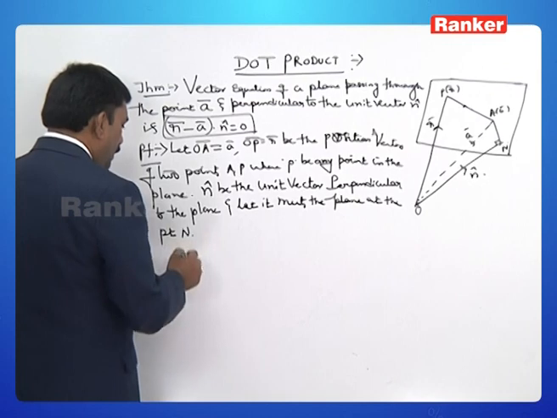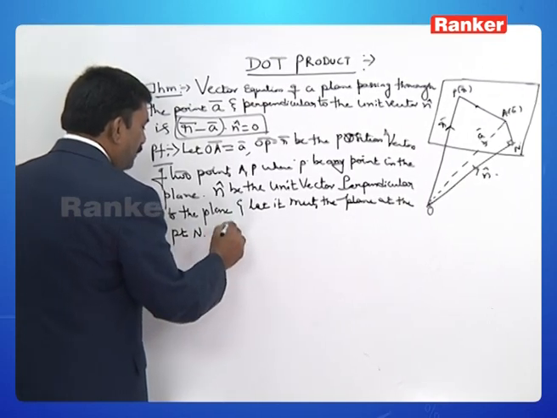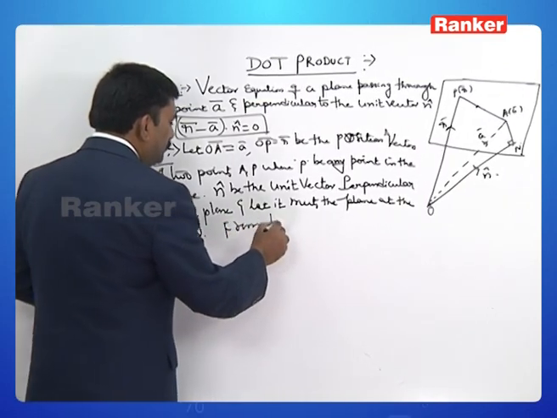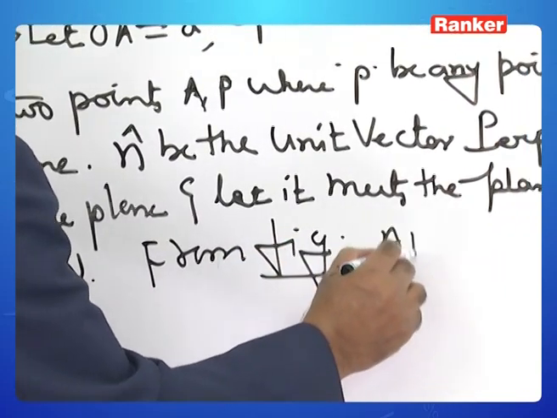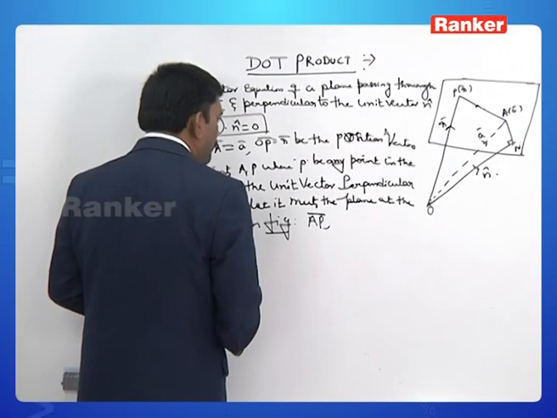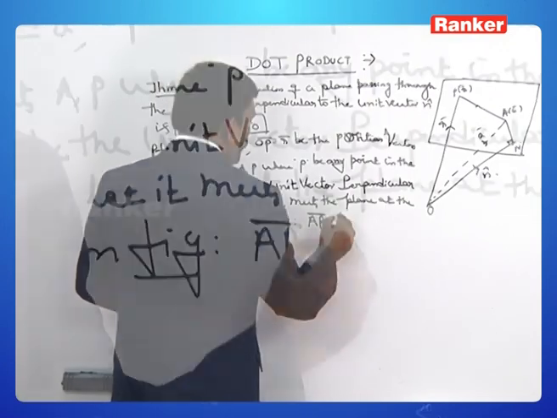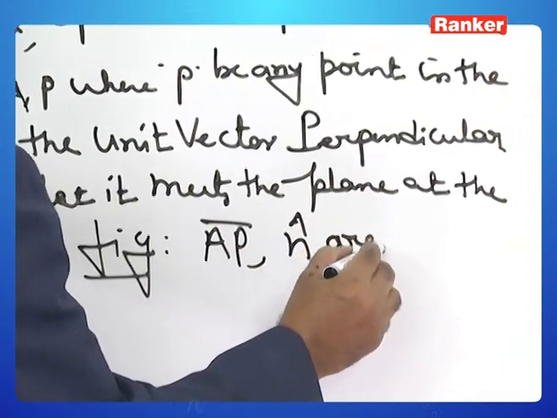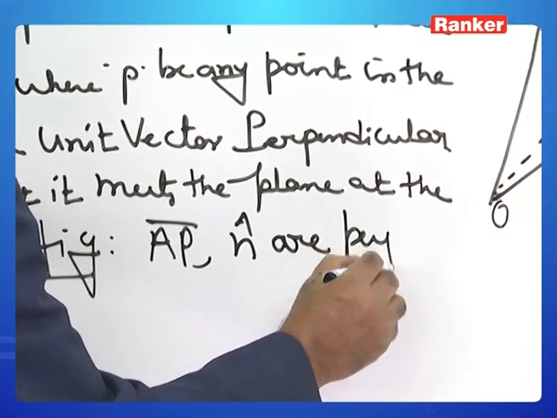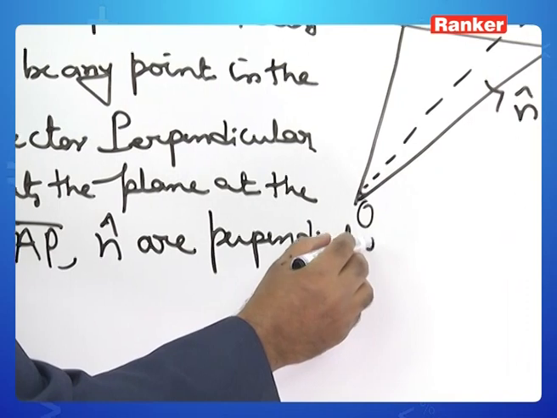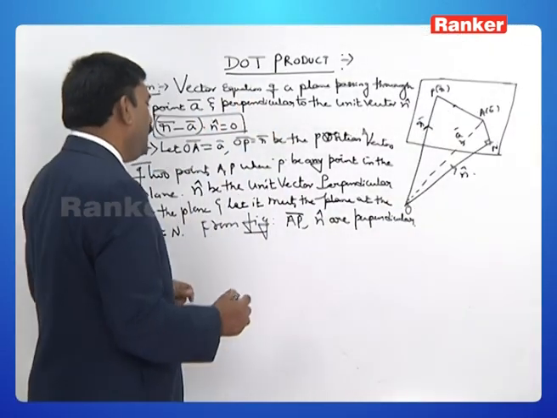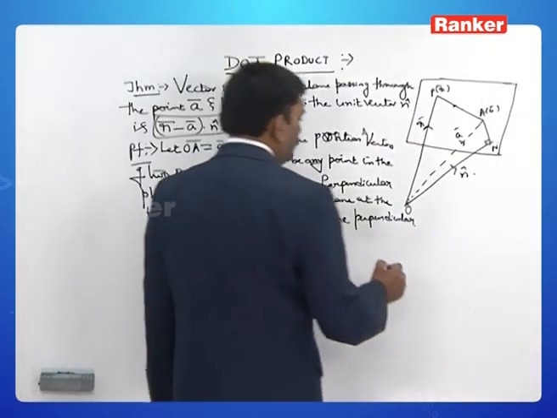Now, from the figure, AP bar and N cap are perpendicular to each other.